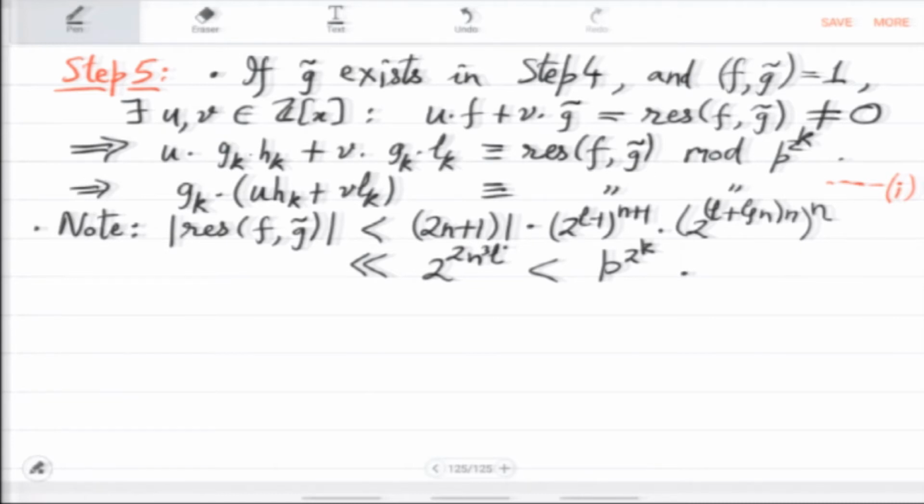Right, this is why we pick k to be large enough. So this prime power is actually much larger than the resultant. So there is no scope of the non-zero resultant becoming 0, right. So in equation 1, RHS is non-zero. So this implies that RHS in equation 1 is a non-zero constant, in fact.